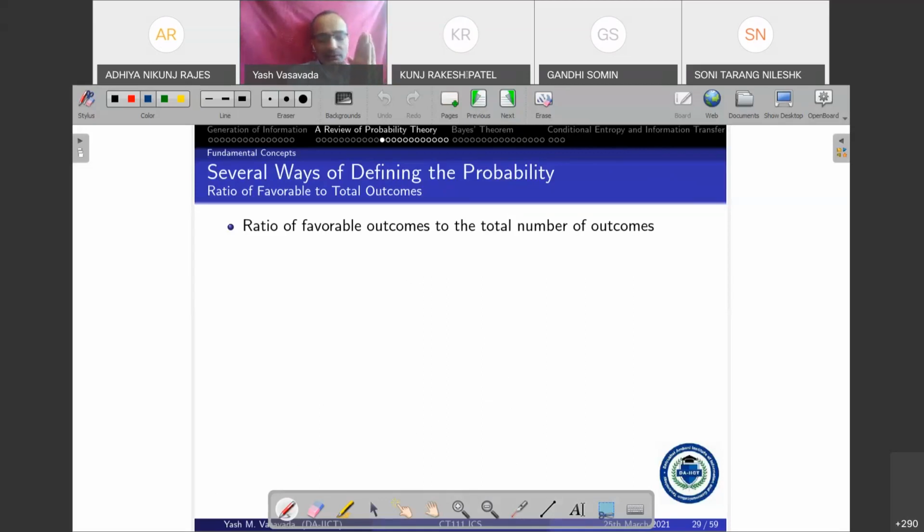Remember, we are doing this review of probability theory because we want to answer the question of how information gets transmitted. We saw how it gets generated, but now we are asking how it actually gets transmitted, and what can happen in its transmission that can mess it up. It is very common that information transfer is unsuccessful.